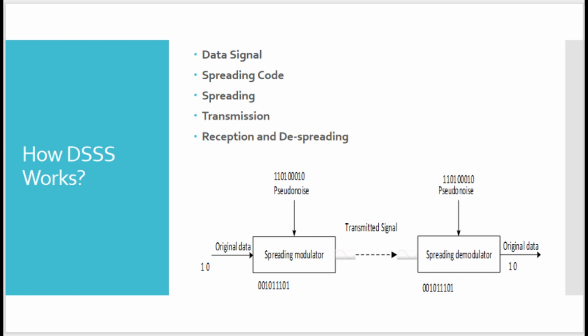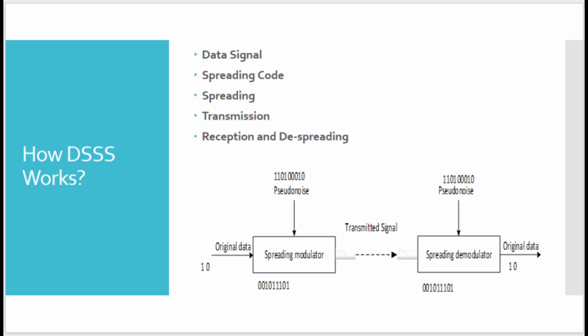Reception and de-spreading. The receiver uses the same pseudo random code to multiply with the received signal, which is spread. The original data signal is recovered by correlating the spread signal with the spreading code.